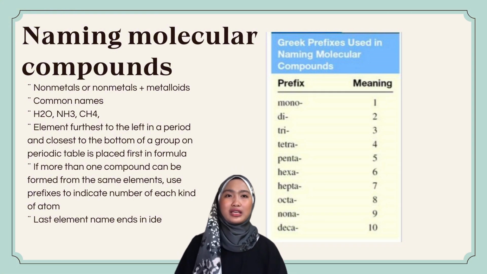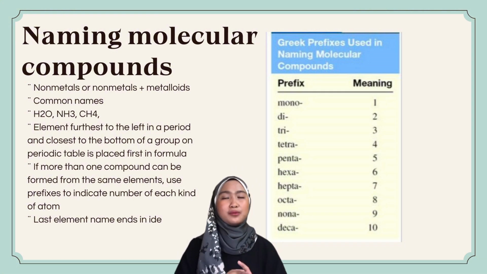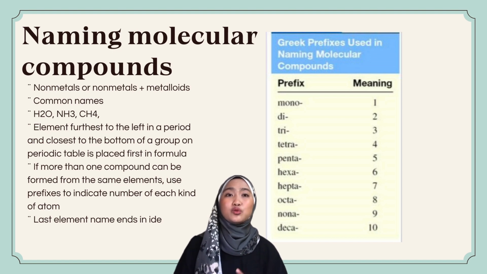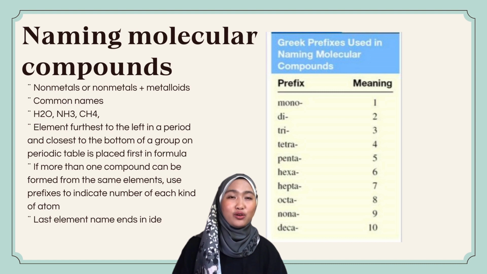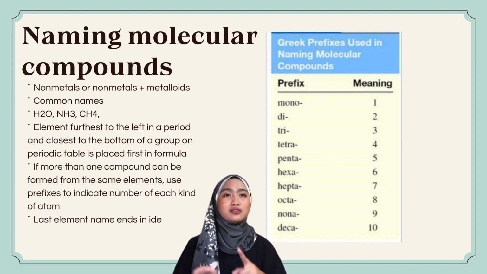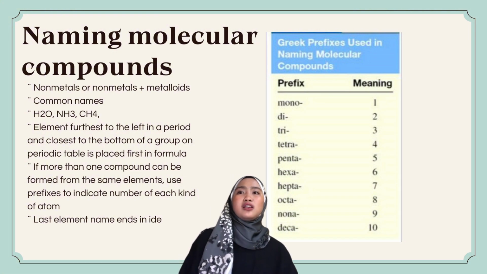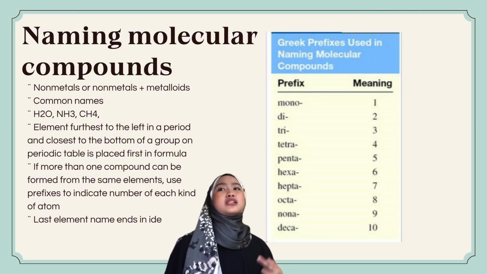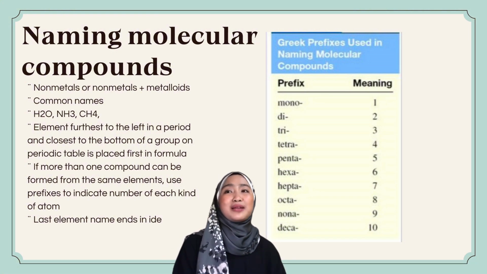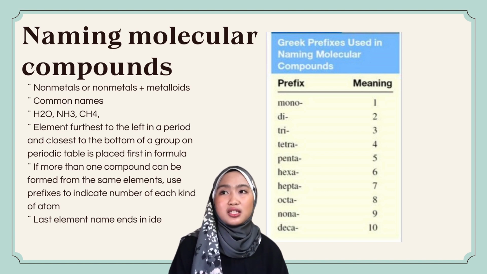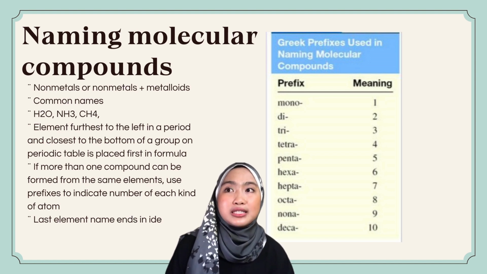So you can just remember one table, but they are two different subtopics. This is for non-metals or non-metals plus metalloids. It can be a common name.